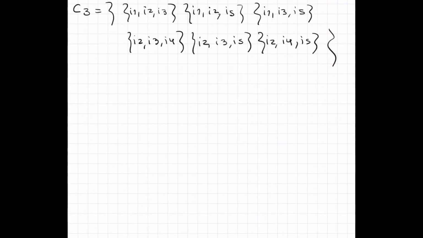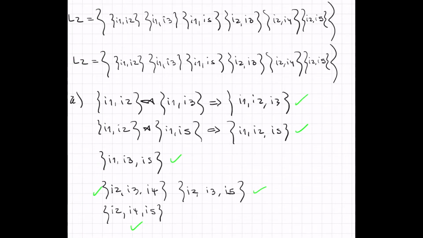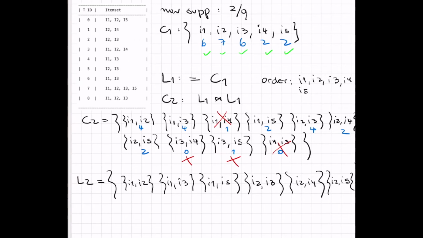So for example, we can see that the item set I1, I3 and I5, this one, already cannot be frequent because it contains the item set, let's say I3 and I5, right? And I3 and I5 was previously discarded before. Here, right?